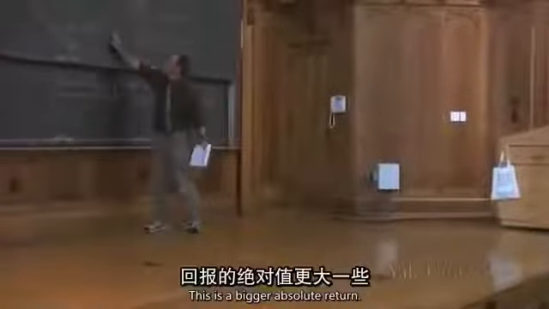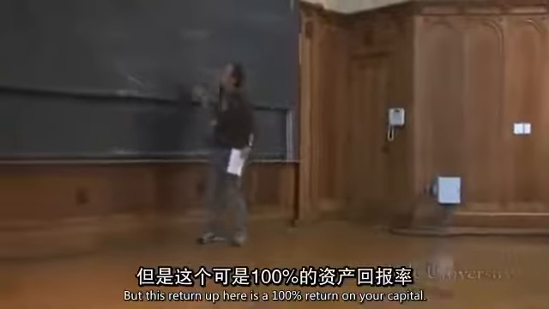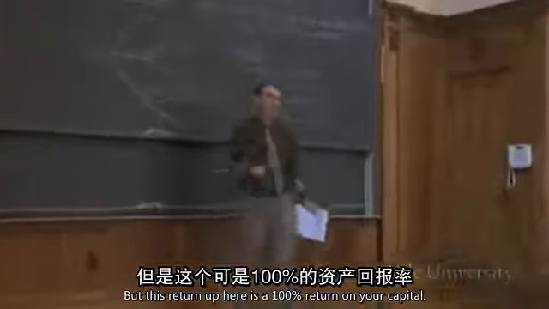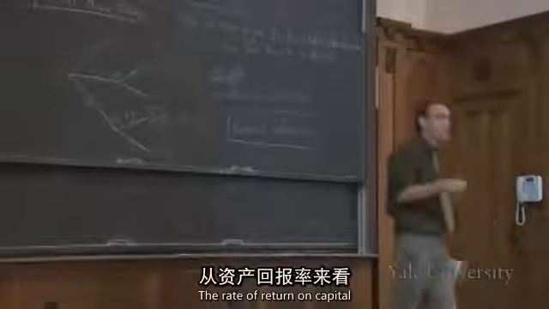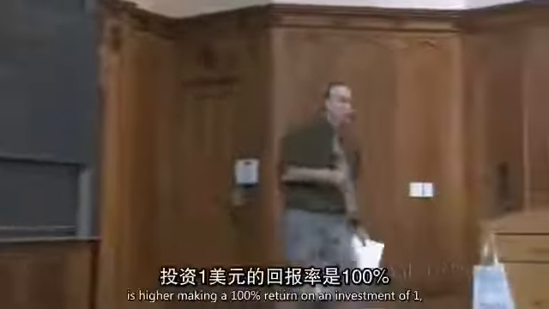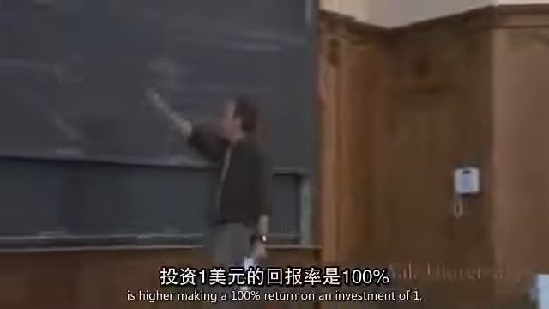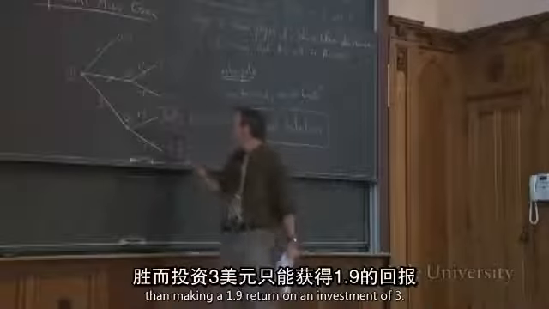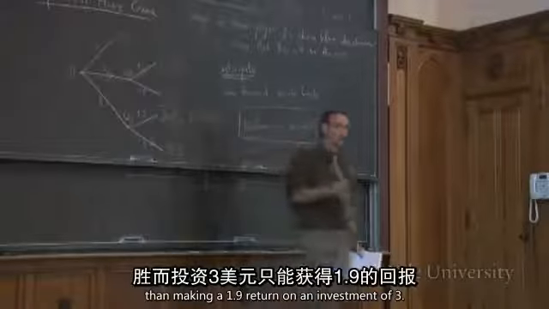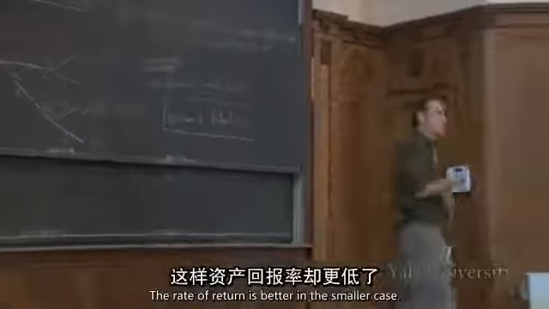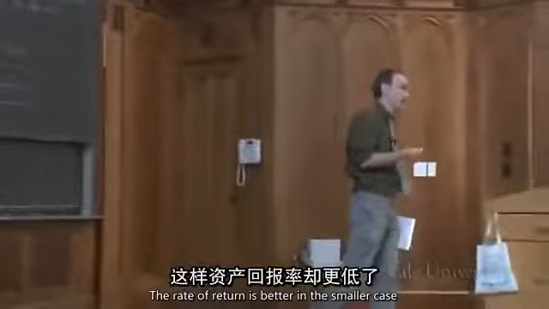But this return up here is a 100% return on your capital. The rate of return on capital is higher making a 100% return on an investment of 1 than making a 1.9 return on an investment of 3. The rate of return is better in the smaller case.